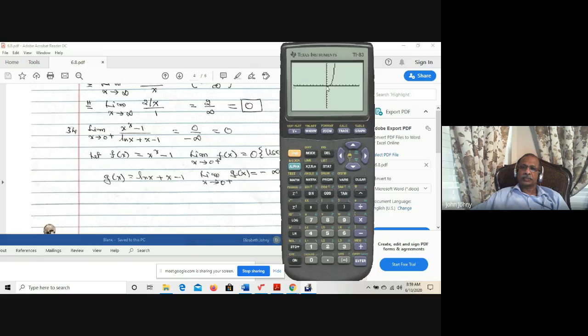When x is equal to 0, it is approximately 0. And the denominator is natural log of infinity, which is negative infinity. So the answer is 0.